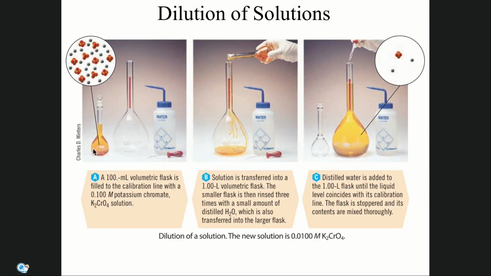For example, with this 100 milliliters of potassium bichromate with molarity 0.1 mol per liter, you transfer this volume to another volumetric flask, for example, for 1 liter, and then rinse this small flask 3 times with a small amount of distilled water, and transfer it also to this flask, and then add distilled water to the mark that indicates exactly 1 liter of the solution. You can obtain a diluted solution of potassium bichromate.